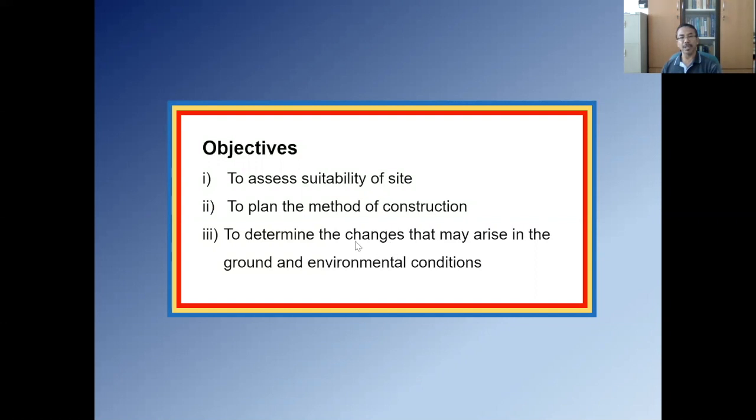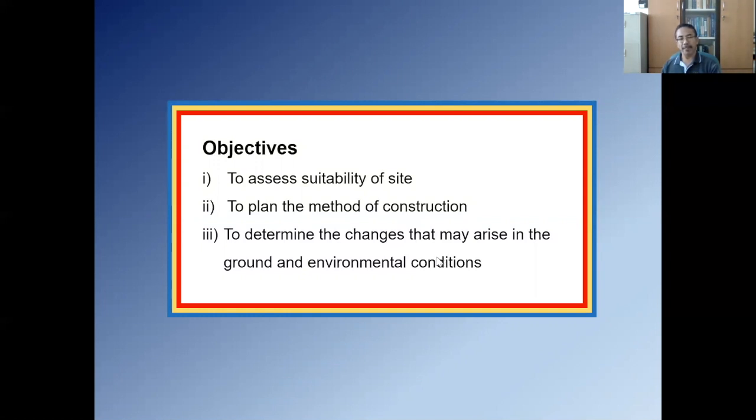The positive impact, for example, by having this project development, it may provide job opportunities to the locals. Or with the completion of the project, maybe it will beautify the surrounding area, or maybe will improve the infrastructure of the surrounding area. Those are among the positive impacts due to the proposed project.